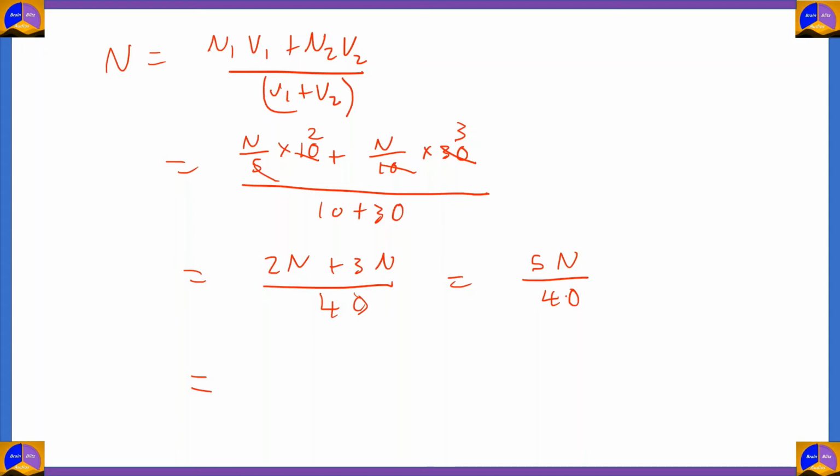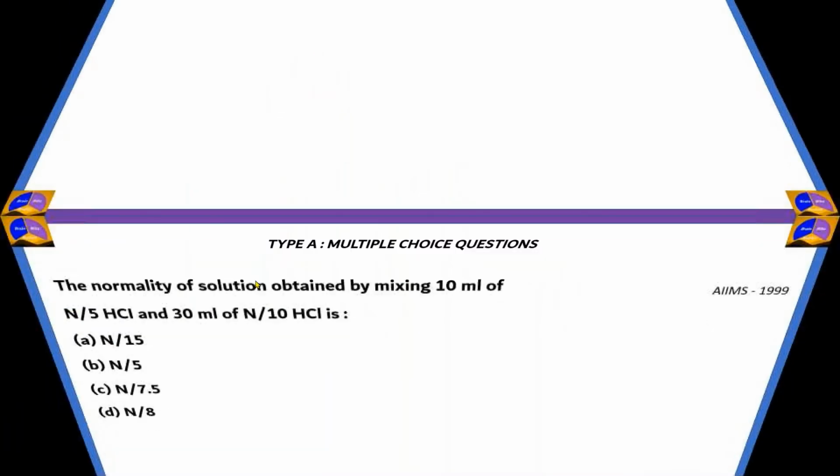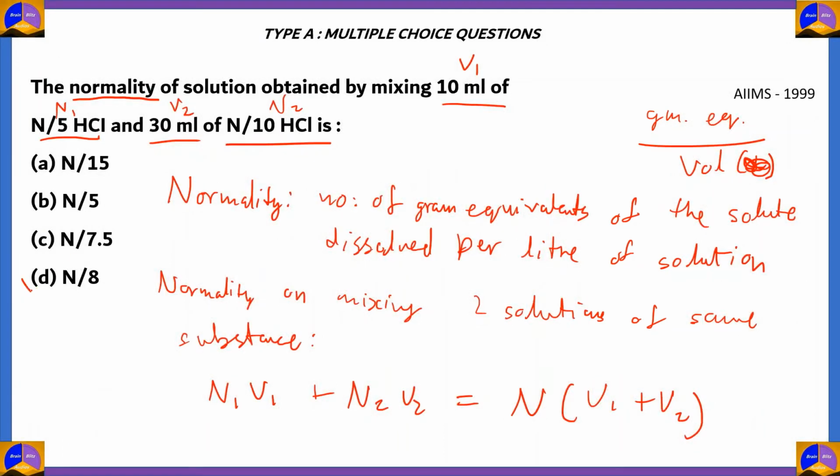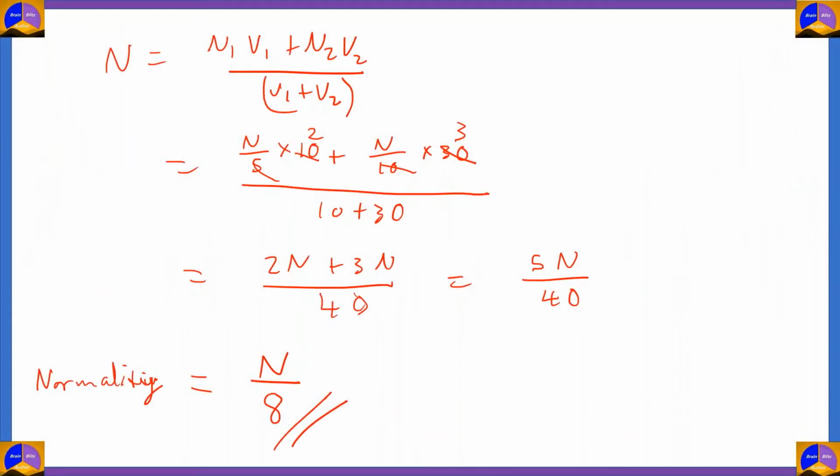On simplifying, since 5 goes into 40 8 times, we'll get N by 8 as the normality of the solution. If you look at our options, option D is the right answer because it is given N by 8. And on calculating, we got the normality as N by 8.